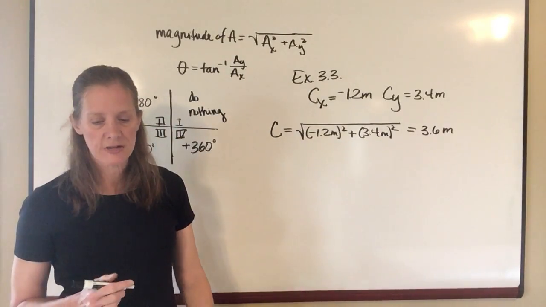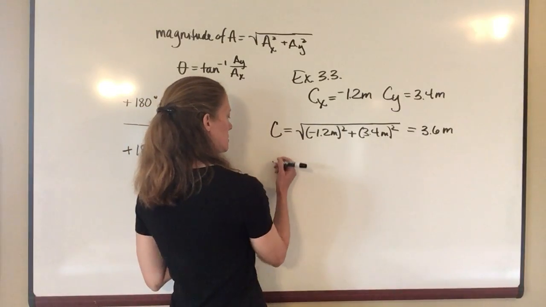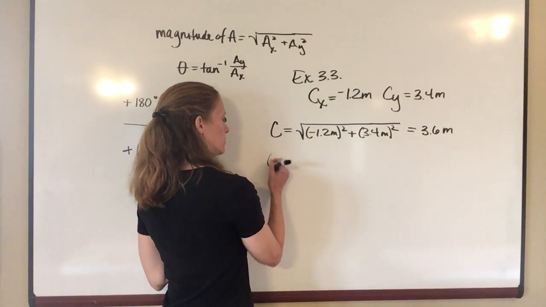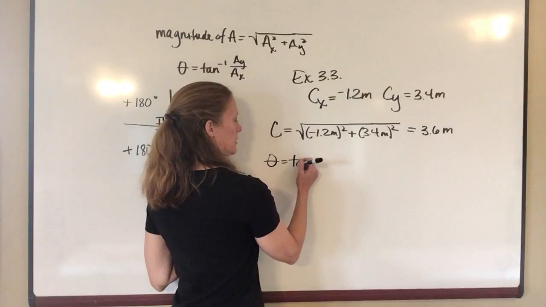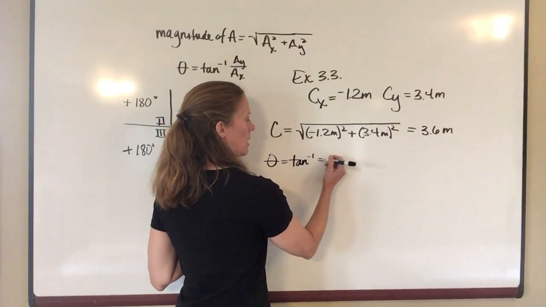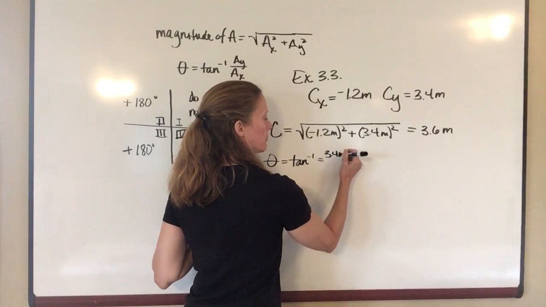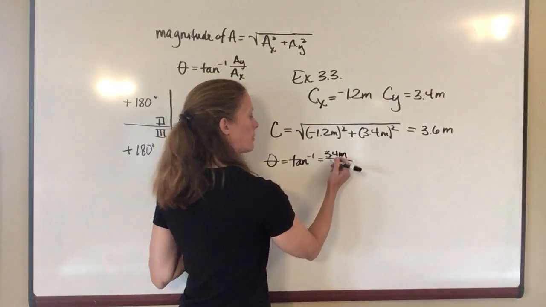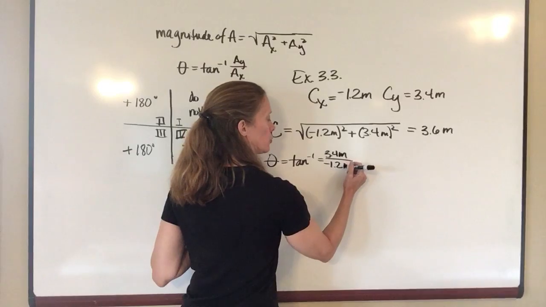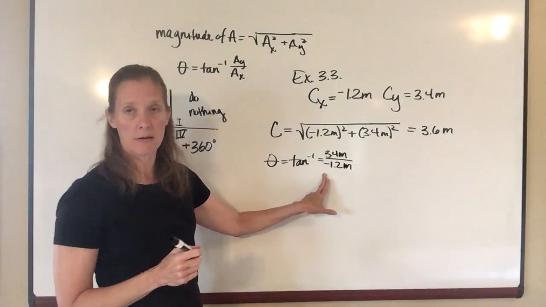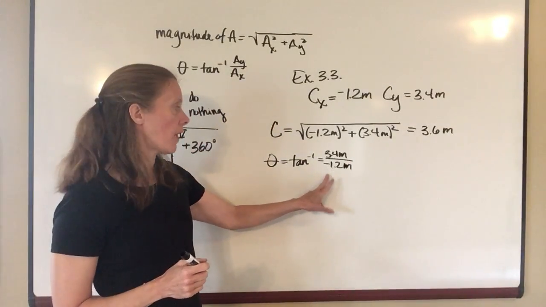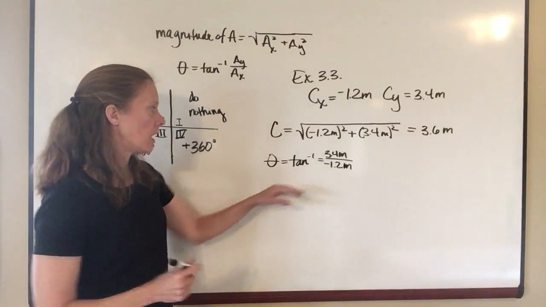Okay, so now let's check the tangent, or I check what the angle is going to be. So theta is going to be the inverse tangent of the y component, which is 3.4 meters, over the x component, which is negative 1.2 meters. Make sure you put that negative number in there. Don't leave it off, because that will affect your final answer.